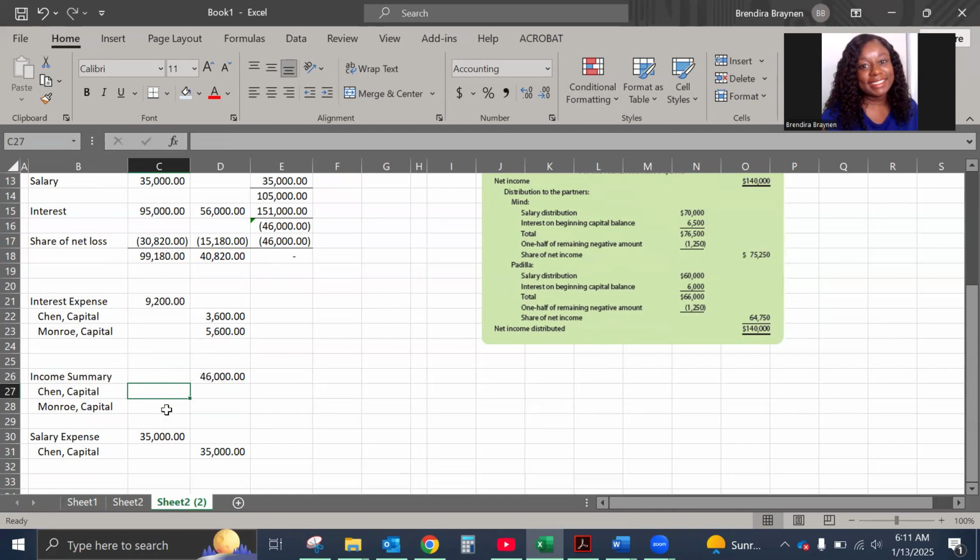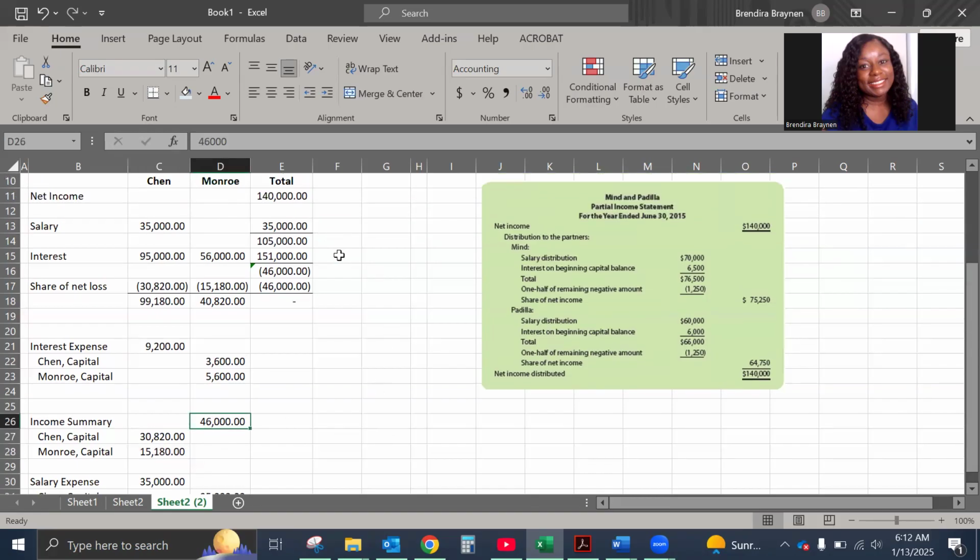So therefore we have to debit the accounts now for these amounts. So I would debit Chen in this case for 30,820, and Monroe 15,180. And so it would still be in balance again, 46,000 debit, 46,000 credit. It's just now that a portion of the loss, whatever that loss is, they have to take on that loss.